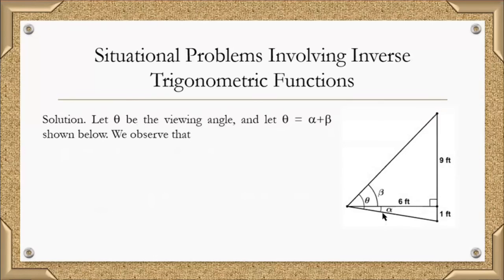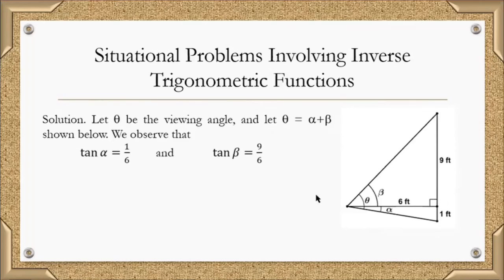Then meron tayong two angles na mapoform. Yung angle alpha, mula dun sa distance, di ba ang distance ay 6 foot. This 6 feet distance niya sa student dun sa image. Then yung taas ng image ay 10 feet. Okay.